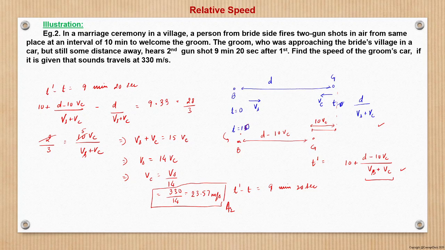So now the distance between bride and the groom would have been only d minus 10 vc, and to cover this distance at a relative speed of vs plus vc, it would have taken d minus 10 vc upon vs plus vc, add that to 10, so this gives a time stamp t dash, and the difference between these two time stamps t dash and t is given as 9 minute 20 second, that is 9.33. We solved this equation and we got the value of vc, the velocity of car, as 23.57 meter per second.